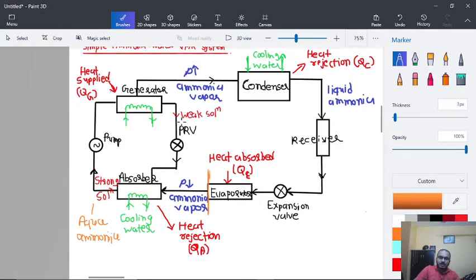The absorber works at lower pressure, and this weak solution is at higher pressure in the generator because of pumping. So we need to reduce the pressure of this weak solution through PRV, that is also known as pressure reducing valve.